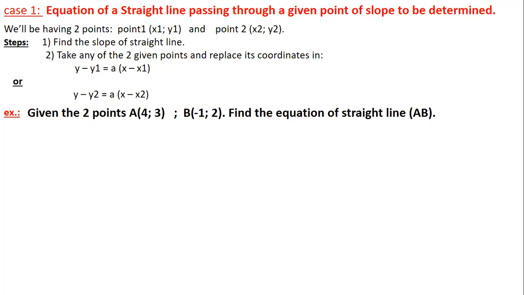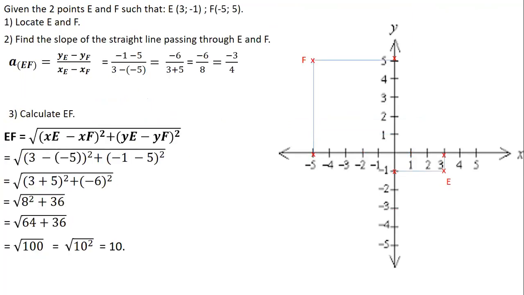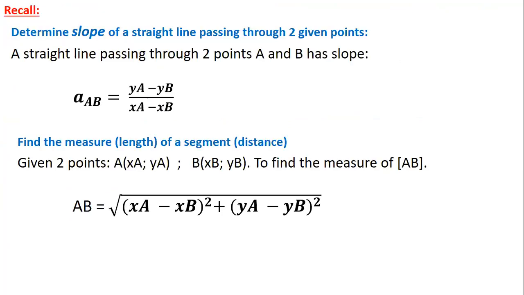Abbas, stay with me. This rule, determine the slope of a straight line passing through 2 given points. This rule we should never forget. So we should use this rule.